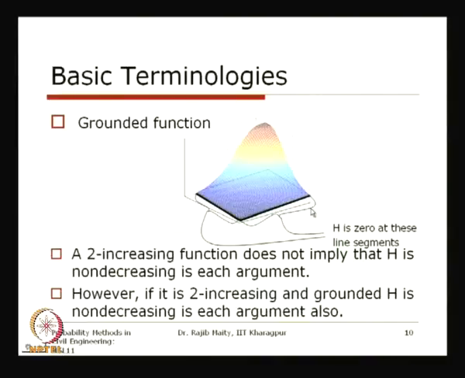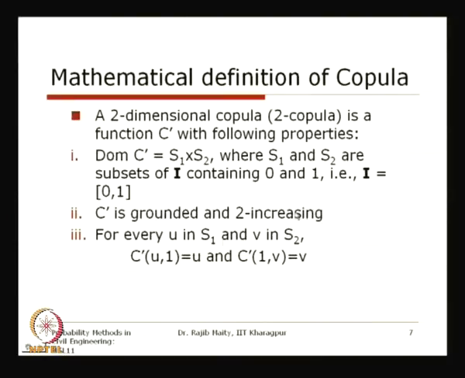Now if I go back to the property we discussed here, that if one of the values reaches its maximum value, then the value of the function equals the value of the other attribute, that is C'(u,1) equals u and C'(1,v) equals v. By the word grounded, what we mean is that if one of the arguments is 0, then the value of that function will be 0.